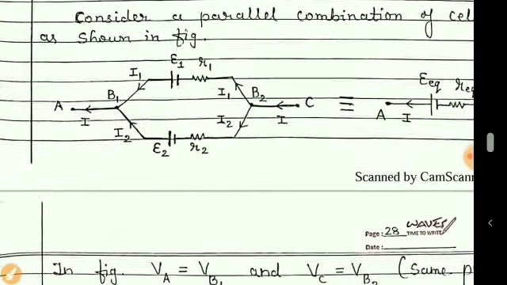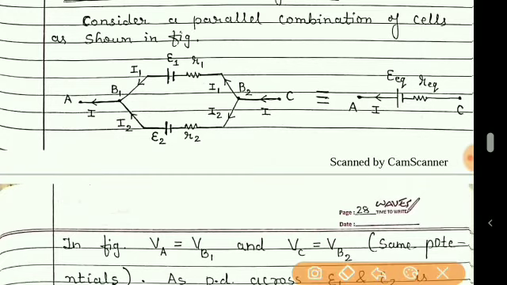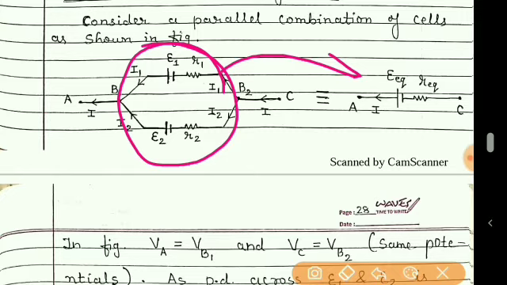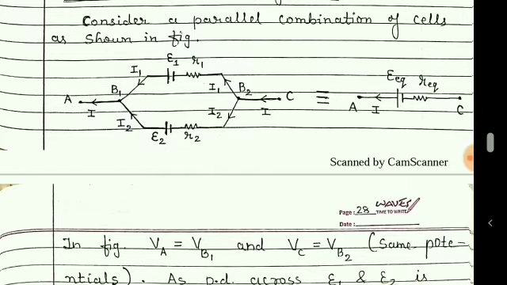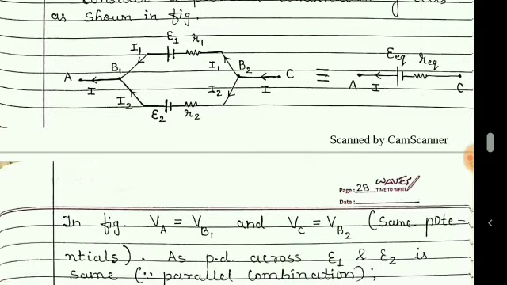Now suppose for these two cells in parallel, we write an equivalent combination E EQ, with resistance R EQ. This is considered as only one cell. Now applying the method for obtaining E EQ and R EQ.